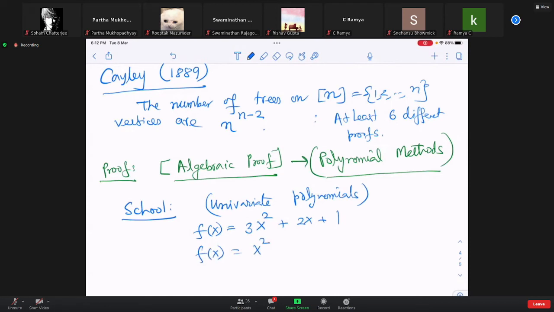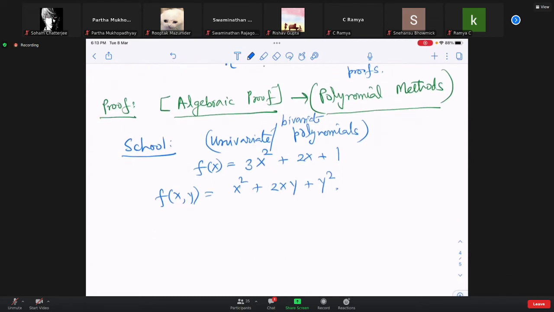So this is a univariate polynomial, and also we have studied bivariate polynomials, right? F of x, y would be our favorite polynomial. These are the school examples that we have studied. But polynomials need not be only univariate and bivariate, right?